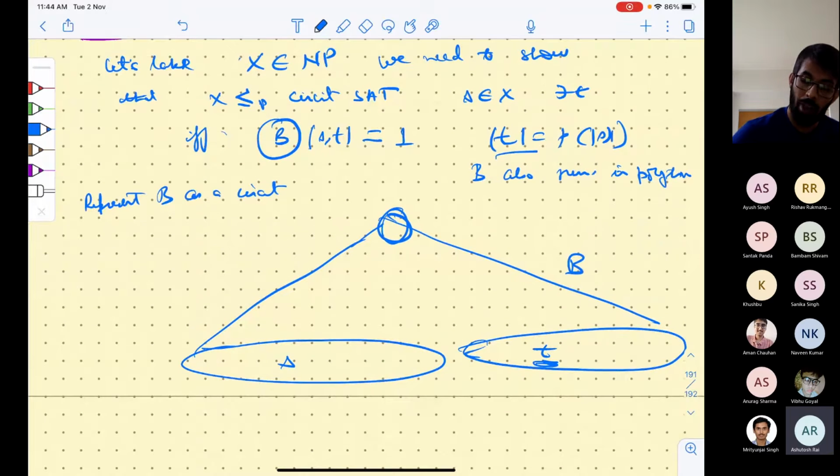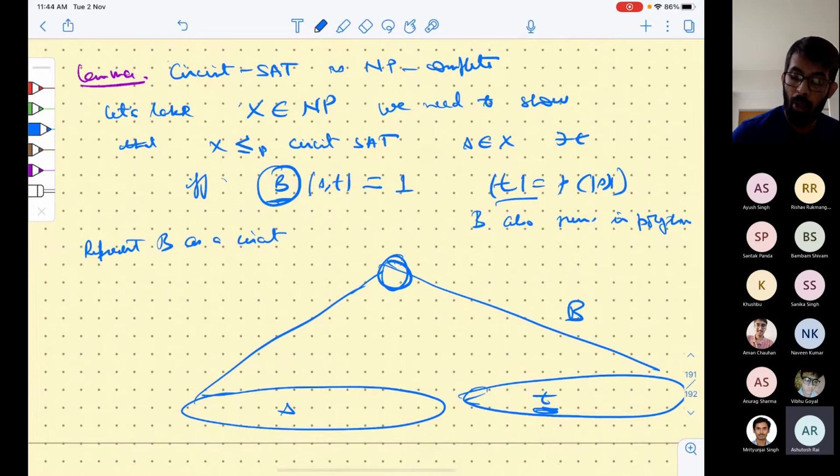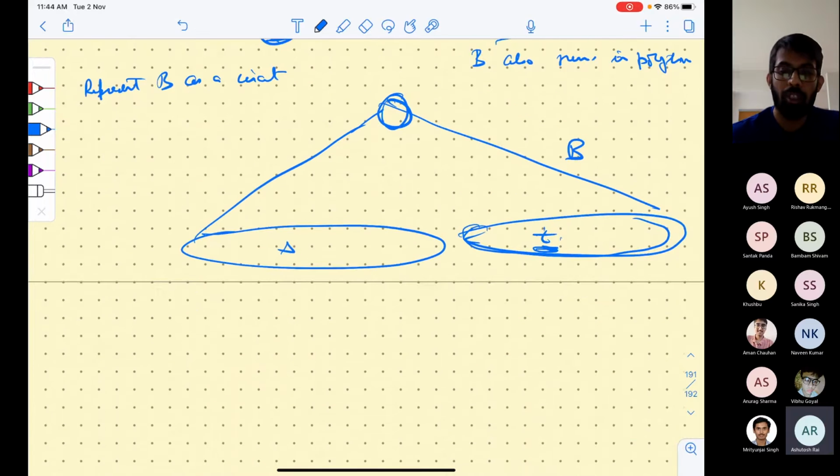Since we are modeling computer programs here, this proof actually works out. Any problem you take in NP has to have a certificate. That certificate you put at the bottom of the circuit. Then whatever the algorithm does, you simulate that in the circuit, and you get the same output as the algorithm would have given. Okay. Any questions about this?